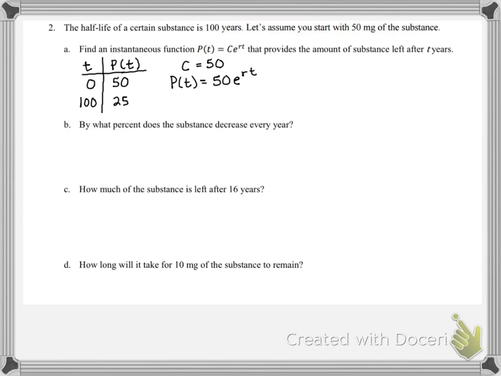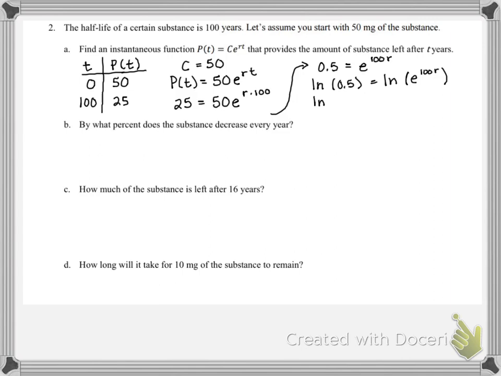And so we have 25 equals 50 times e to the r times 100. So we'll divide both sides by 50, which gives me 0.5 equals e to the 100r. And take the natural log of both sides. So natural log of 0.5 equals the natural log of e to the 100r.